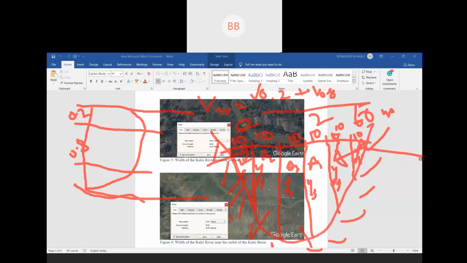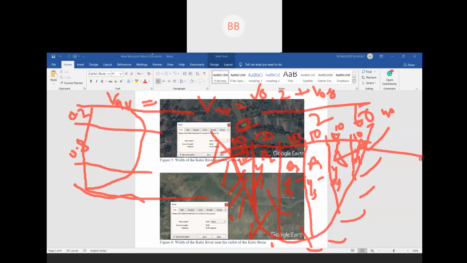Then similarly you can find it for the next section, then section 3, section 4, and so on. Then you add all, and you will get the average velocity for the whole cross section. This is how you are going to find the velocity.